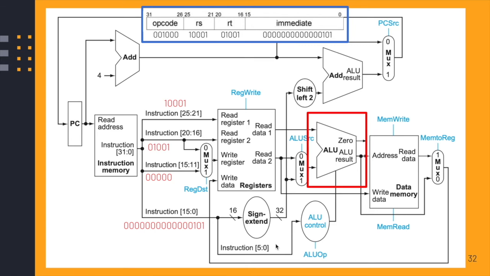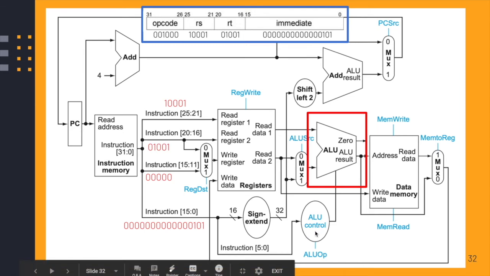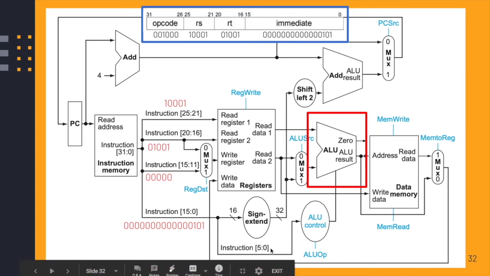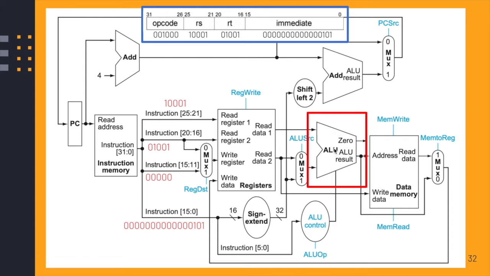These bits will help me, if I am an R-type format, to tell the ALU control which R-type instruction I am trying to execute. But if I am an immediate or a jump, I do not need these bits at all. They are only relevant if I am what? An R-type format. Okay?